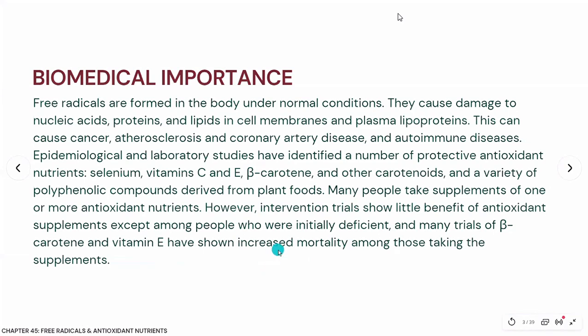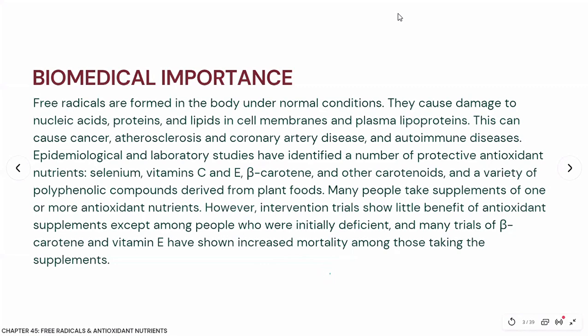Paradoxical, yes? No? We know that it helps us, but an increase of this beta carotene and vitamin E shows an increase also in mortality. Now, I will talk about that as we go along.